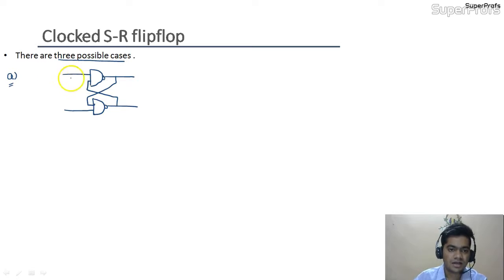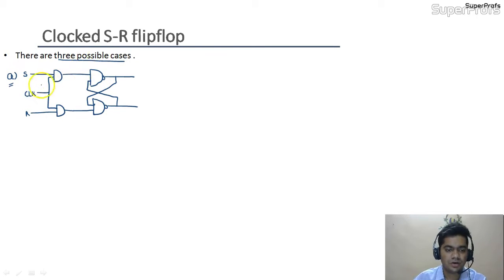To give our clock input, we are taking 2 AND gates like this, and here we are giving our initial inputs S and R, with the other input being the clock pulse.